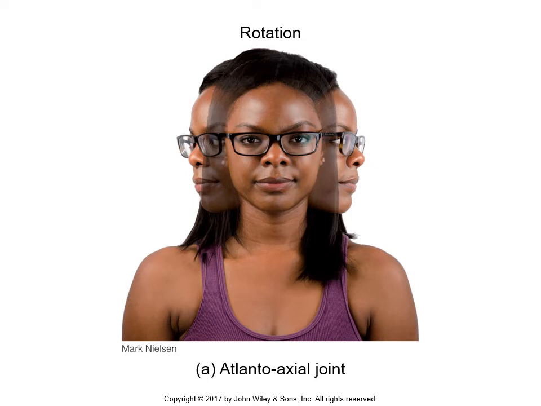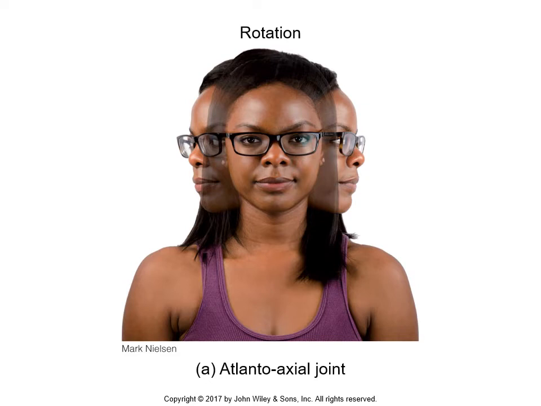This is a very specialized joint because that is a tremendous amount of movement to come from one particular joint, especially a spinal joint. 50% comes from the atlantoaxial joint.